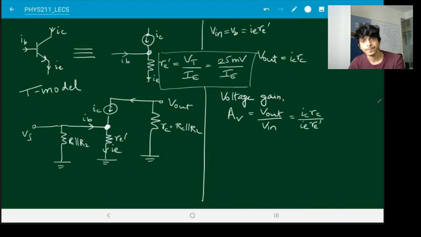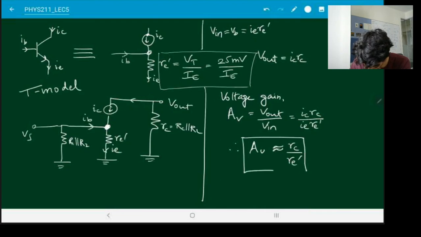But if you remember, IC and IE are almost the same because IB is typically very small. So AV, the voltage gain, is just RC divided by RE prime. So this is the formula for the voltage gain that you get from a transistorized CE amplifier.